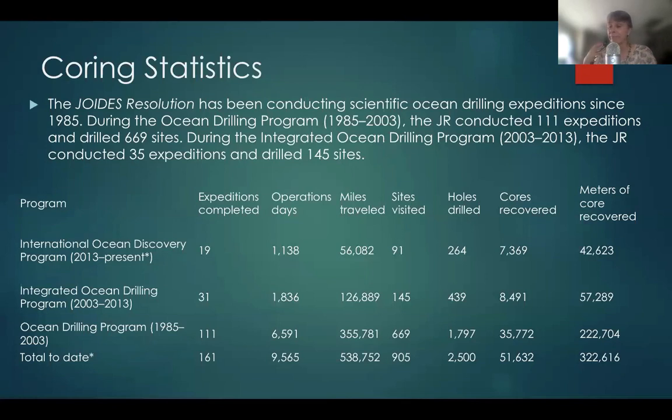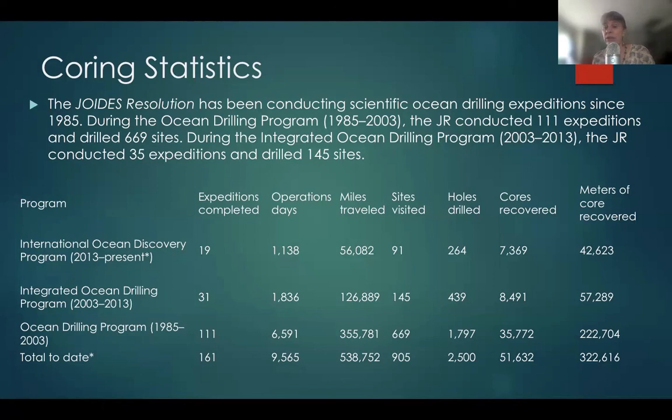So we have had a very successful scientific drilling program since the late 1960s. The JR took over in 85, and in that time, it's conducted over 111 expeditions, drilled 669 sites.